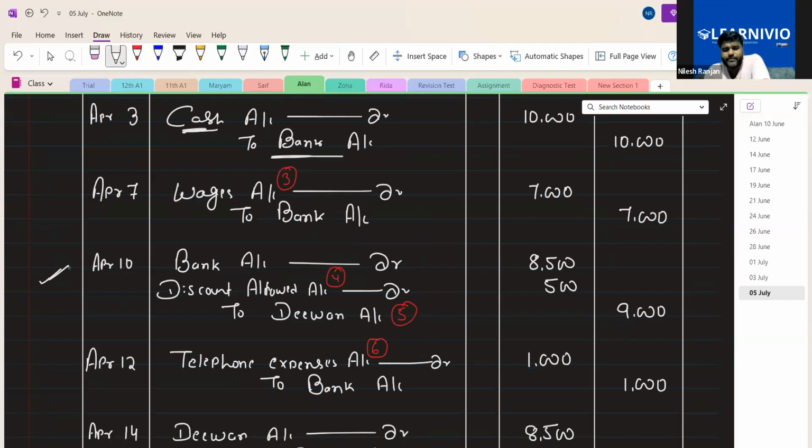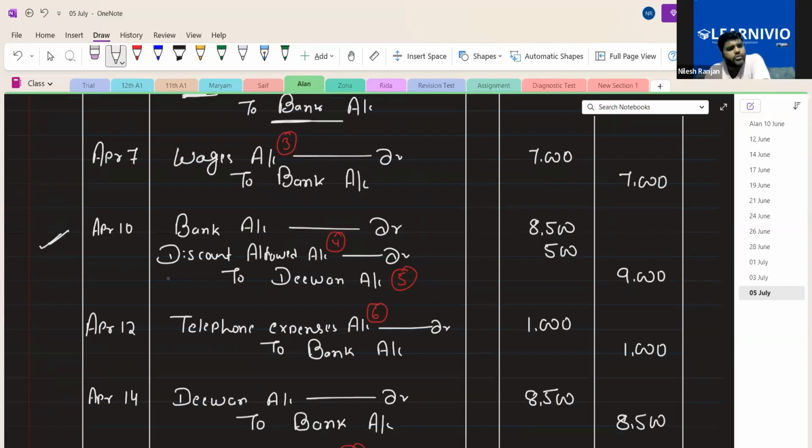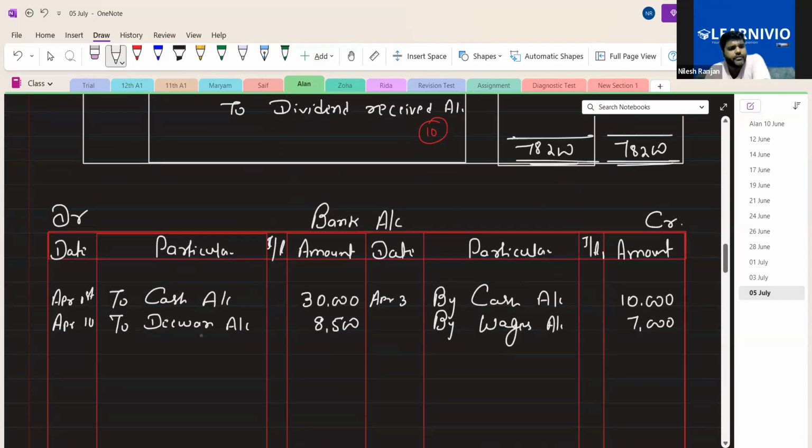Yes, in this entry, April 10th, in the bank account we have written it on the debit side, to Divan. But then the Divan account is on the credit side, right?